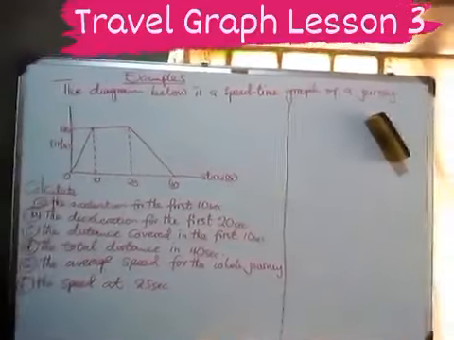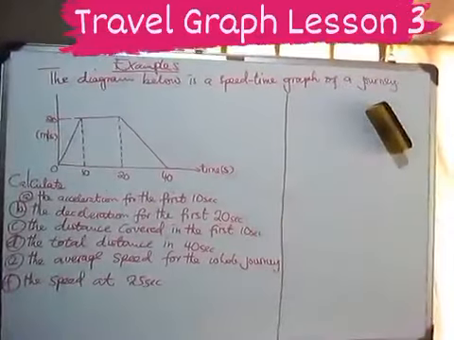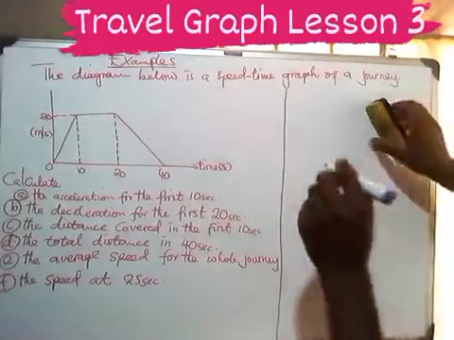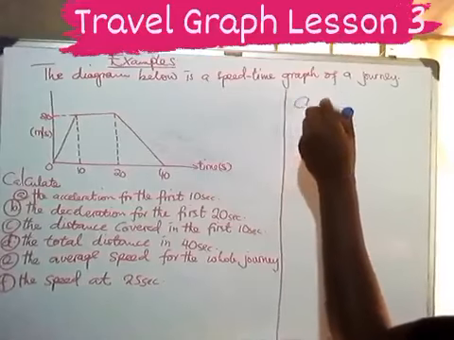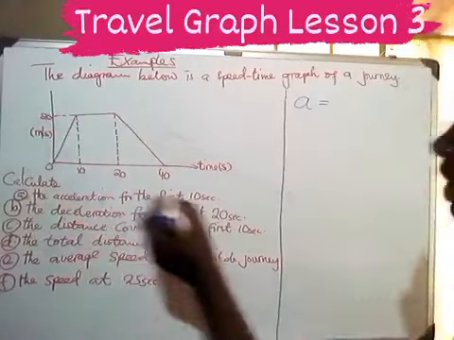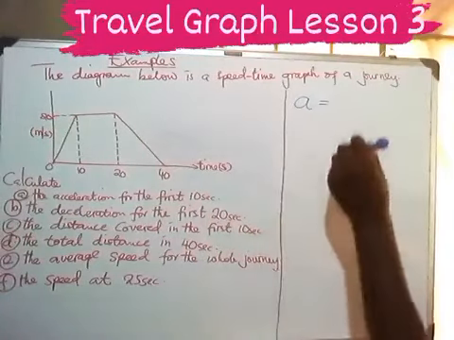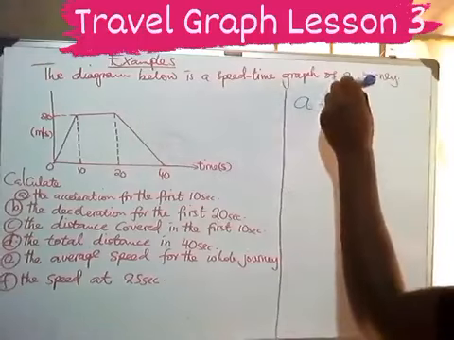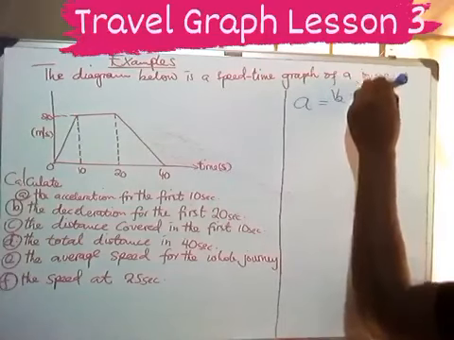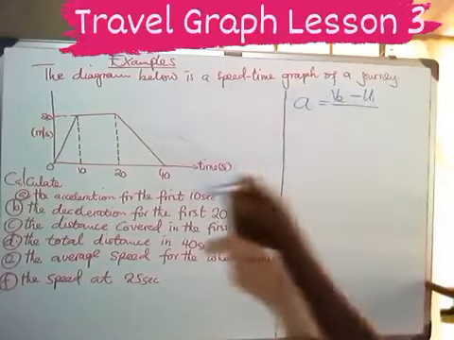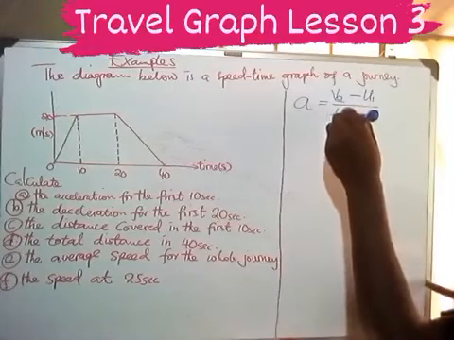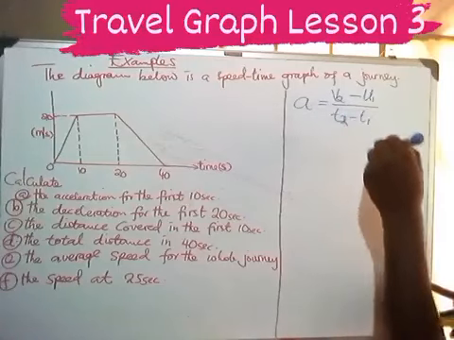The first question is saying, calculate the acceleration for the first 10 seconds. From what we have learned, acceleration is the change in speed. In other books, this is the same as saying the final velocity minus the initial velocity, over the final time minus the initial time.